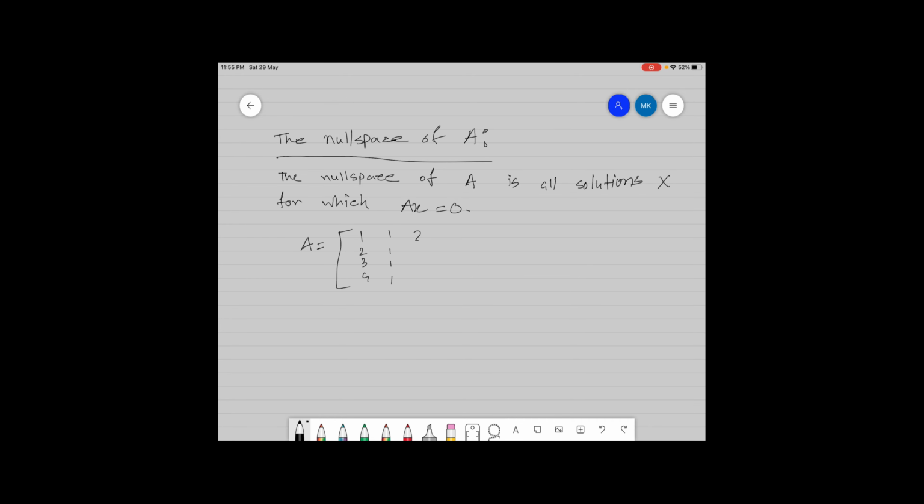So let's solve for this solution X. Okay, so in this case the null space is a subspace of R3.